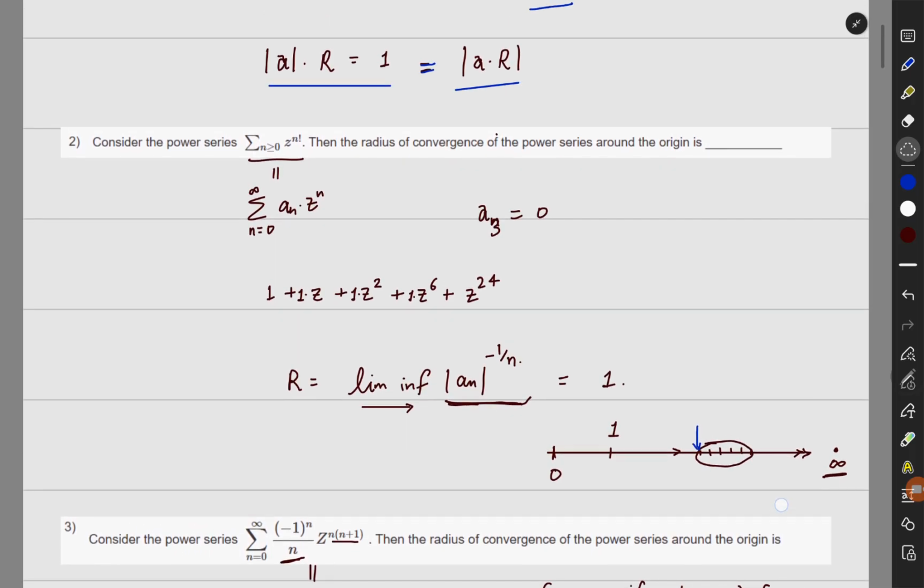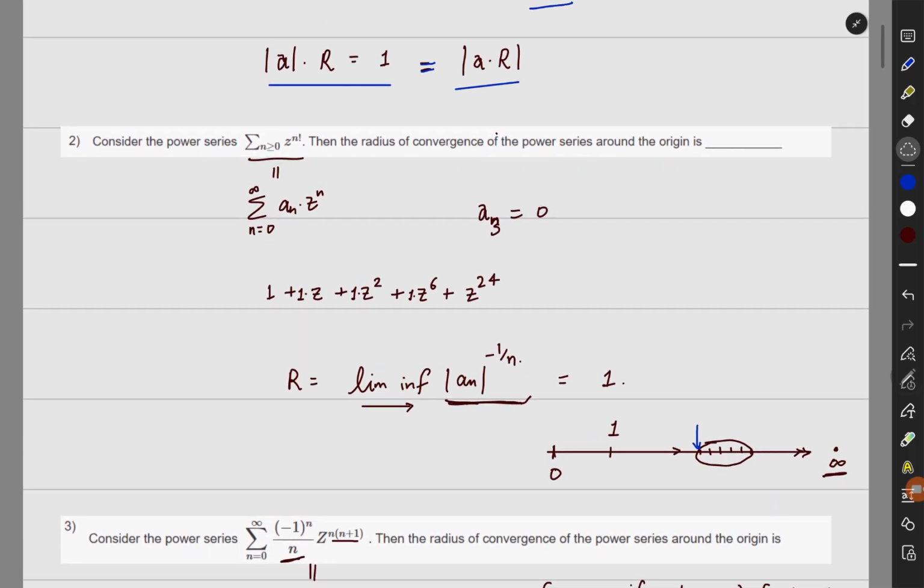Now in the second question, we have the power series z to the power n factorial. The radius of convergence of this power series around the origin is, again, what we want to find. First we write the coefficients of this power series. Then we found that most of the coefficients are 0.